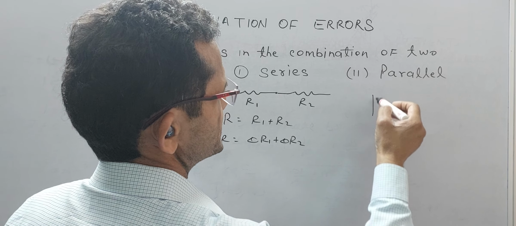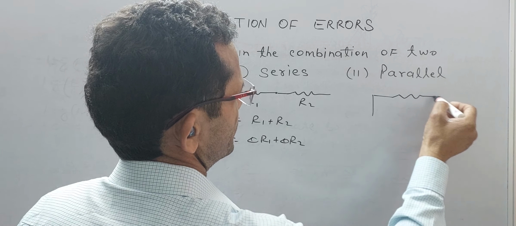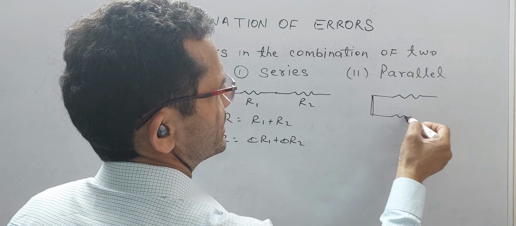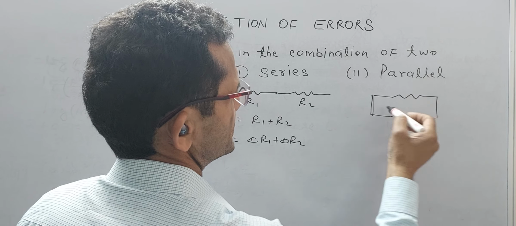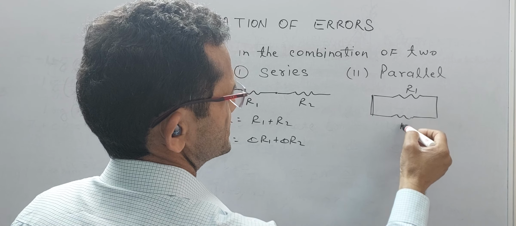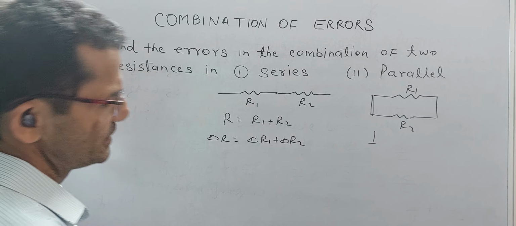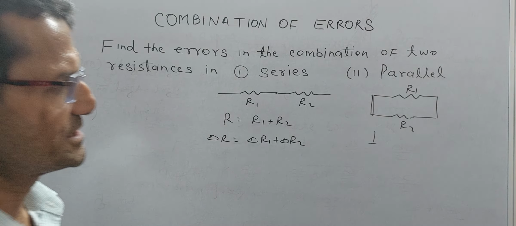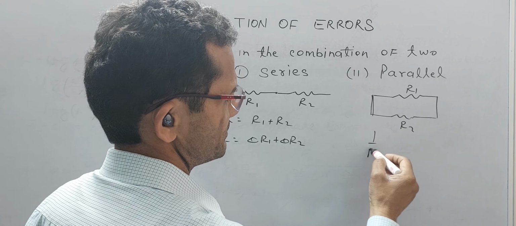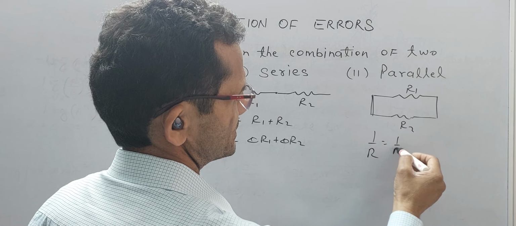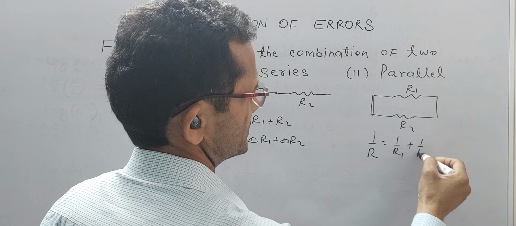When these two resistances are connected in parallel, what would be the error in finding this? Suppose this is R1 and this is R2. We already know that when the resistances are in parallel, the resultant will be R, and it will be written in this way.